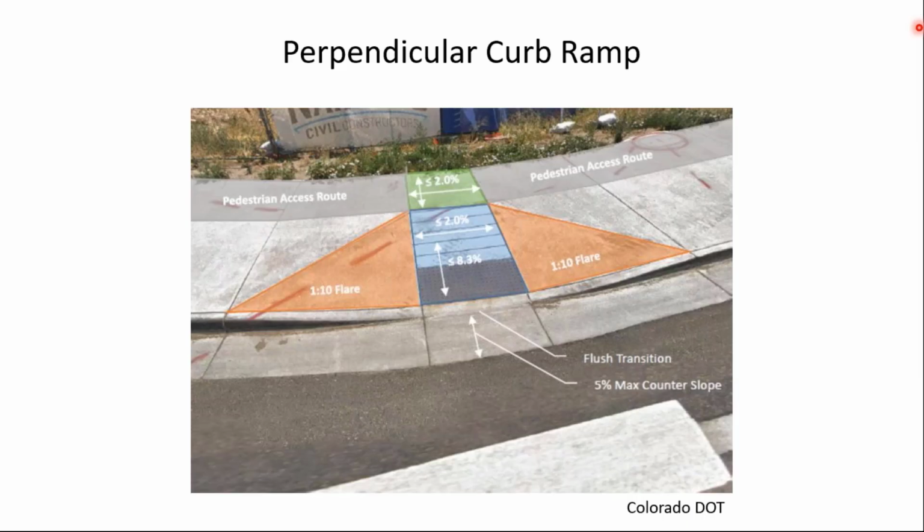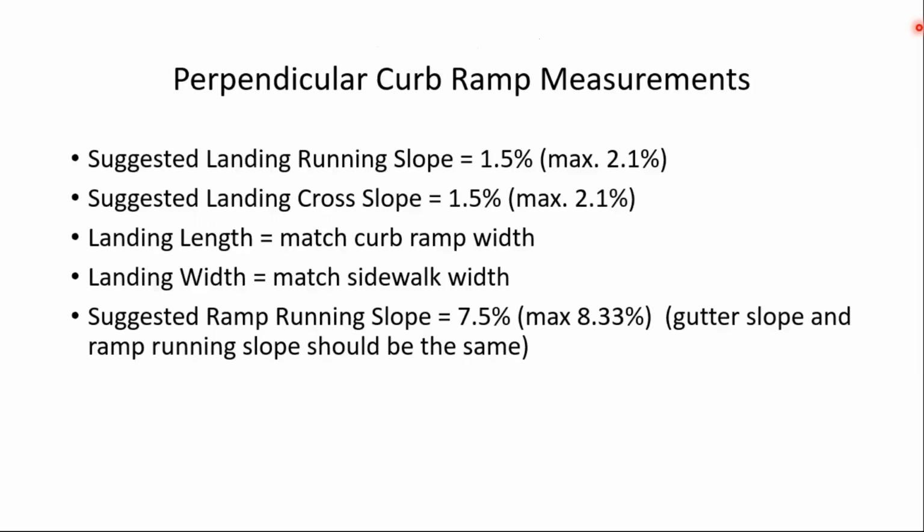Thanks, Ron. Thank you all. So in terms of measurements, of course, landing length and landing width match the curb ramp width and match the sidewalk width. For the ramp running slope, the maximum is 8.33%, but again, no allowance for construction tolerance.